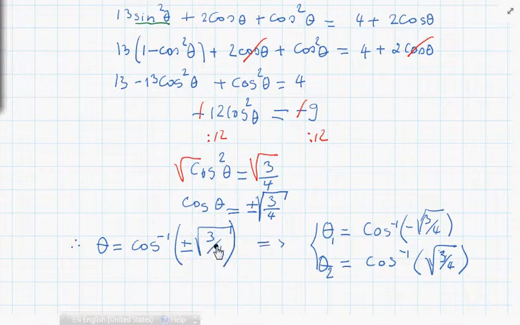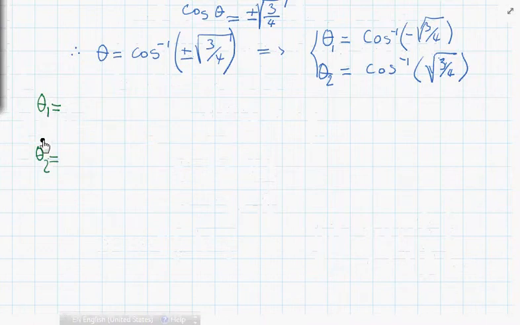The plus or minus means that we have two solutions, two angles. The first angle will be cosine minus 1 of minus square root of 3/4, and the second will be cosine minus 1 of square root of 3/4.